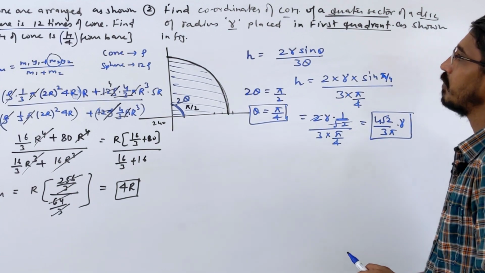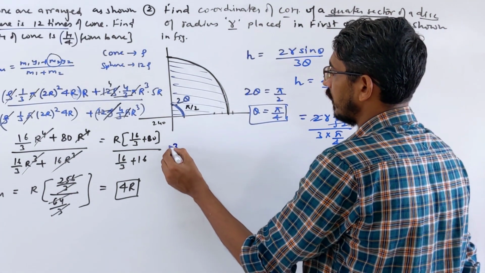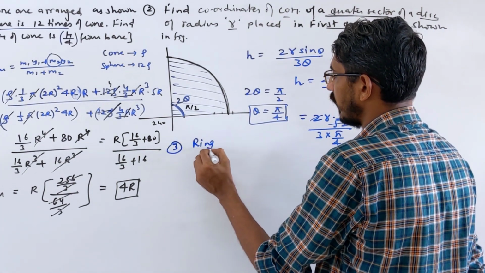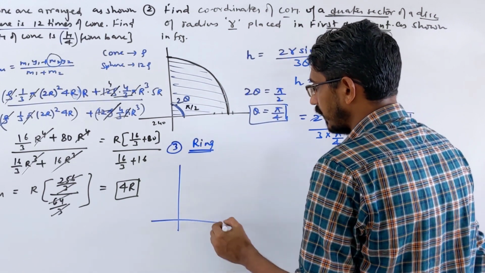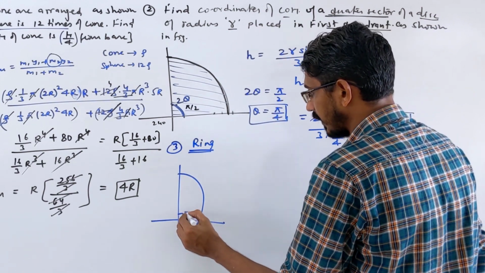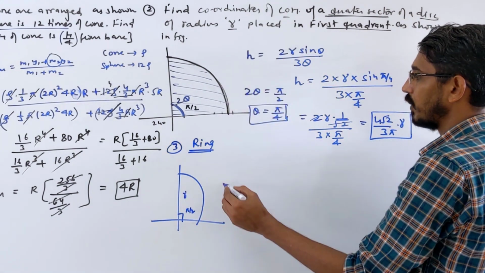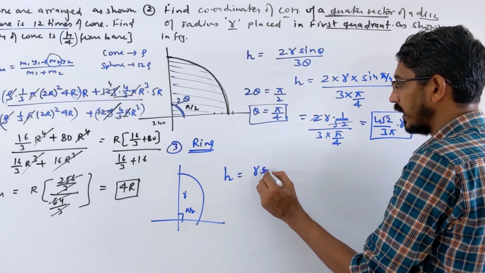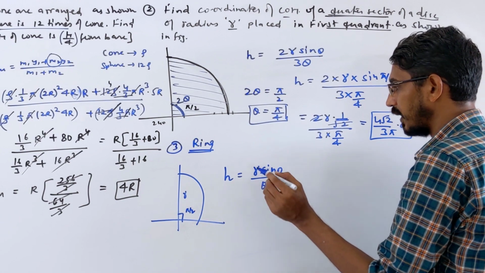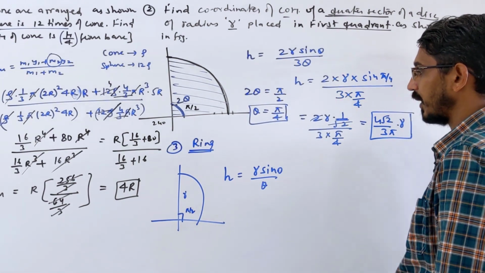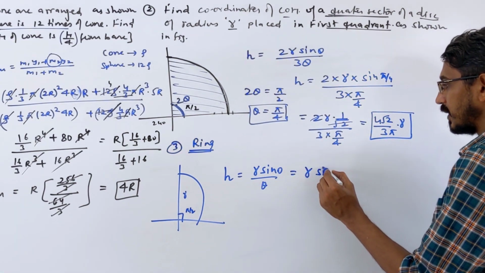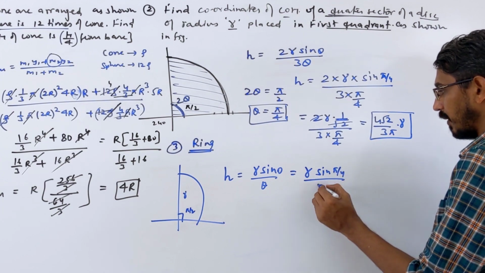Suppose exactly the same question is asked for a ring. This is your ring, the angle is again pi by 2, and the radius is r. Then the formula for a ring looks like r sine theta by just theta. That is the only formula for a ring. So r sine pi by 4 by pi by 4.